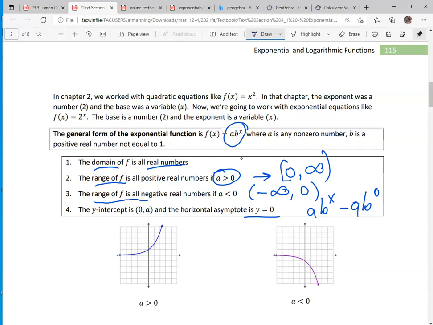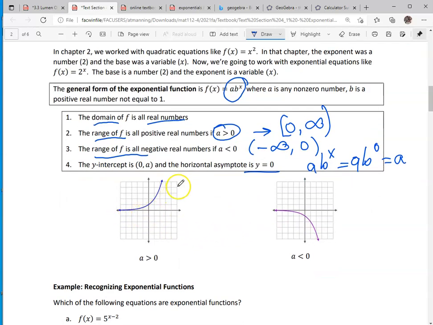Well, b to the 0, no matter what b is, when x is 0, I'm going to get a. And that's what this is saying. The y-intercept is (0, a). So we have a few graphs of an exponential function, and we saw GeoGebra doing that for us.